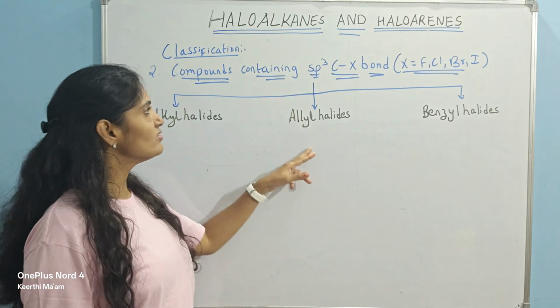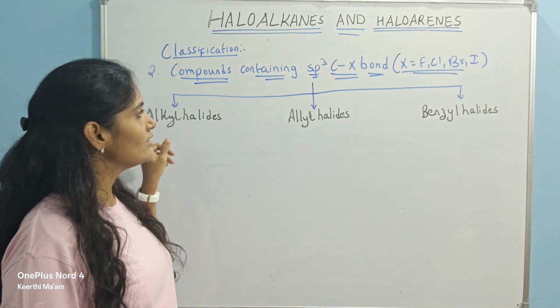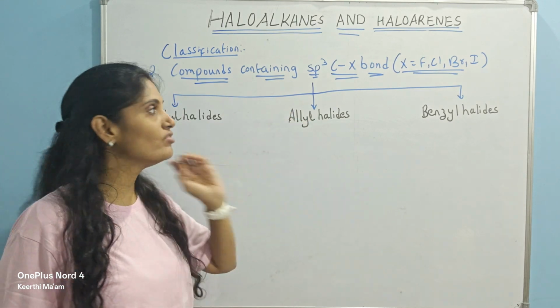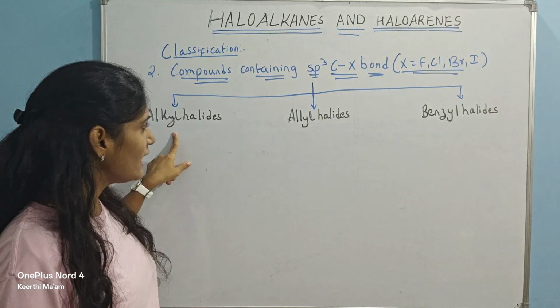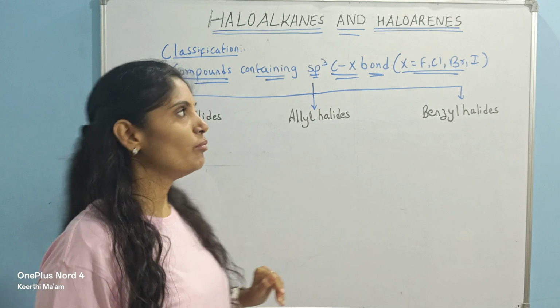On that basis, they have been classified into three types: alkyl halides, allyl halides and benzyl halides. Let us see them in detail.